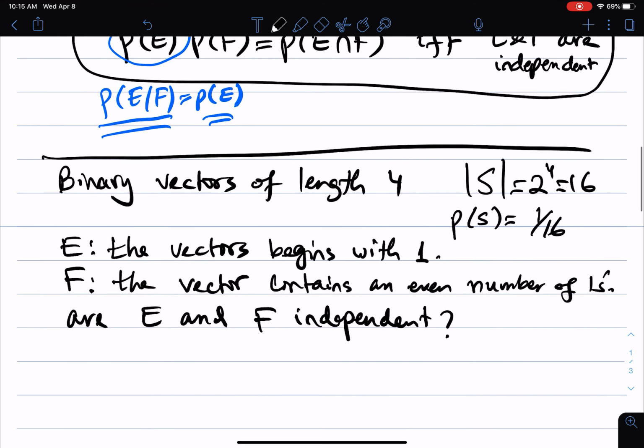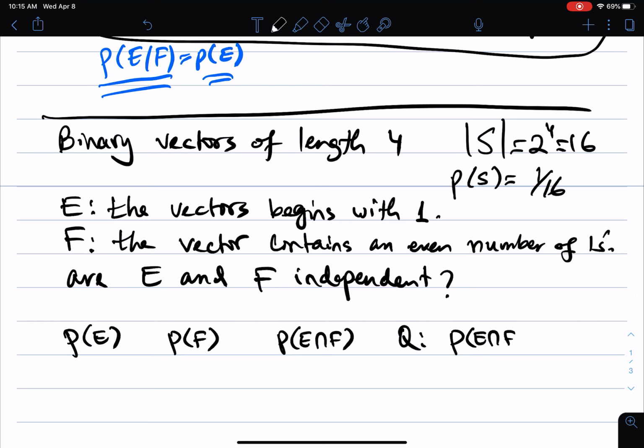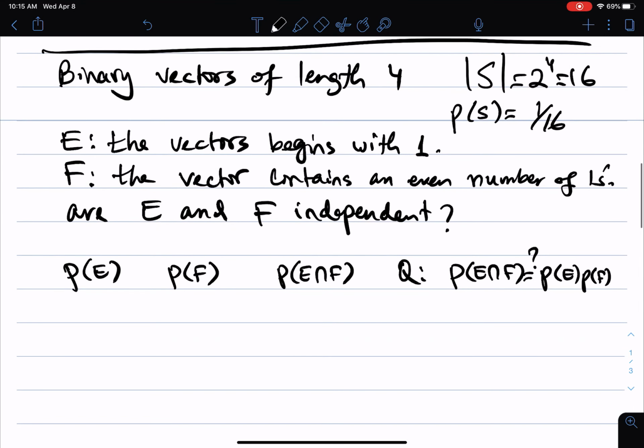To answer this question mathematically, we have to compute P of E, P of F, and P of E intersection F, and ask the question, is P of E intersection F equal to P of E times P of F? If the answer is yes, then they are independent. If the answer is no, they are not independent. So we have now to do these calculations.